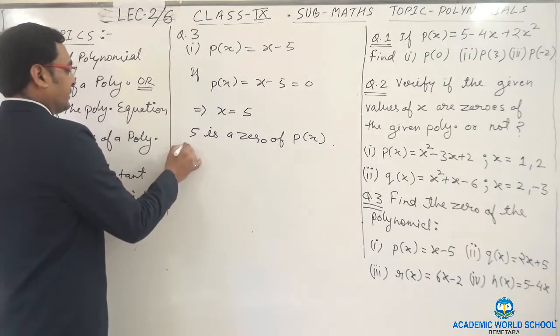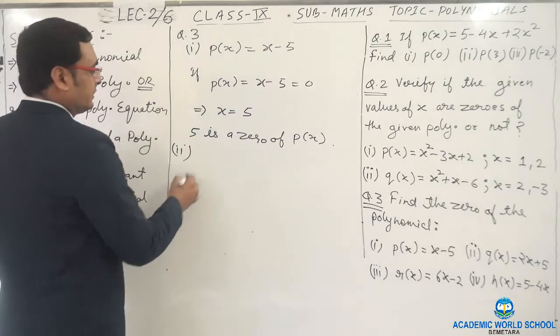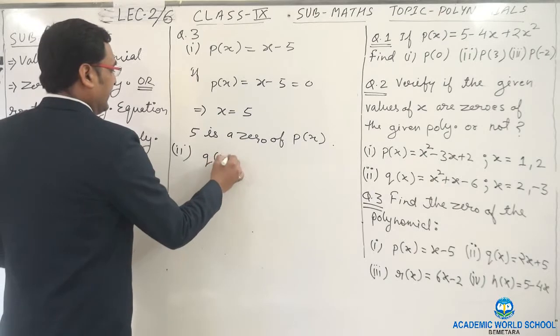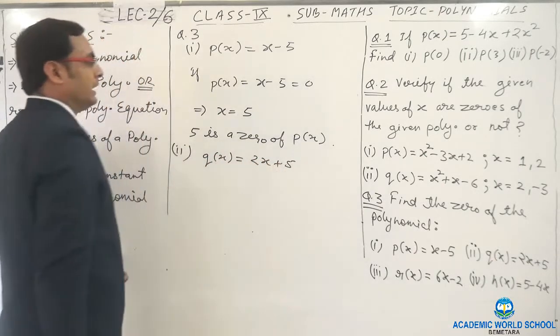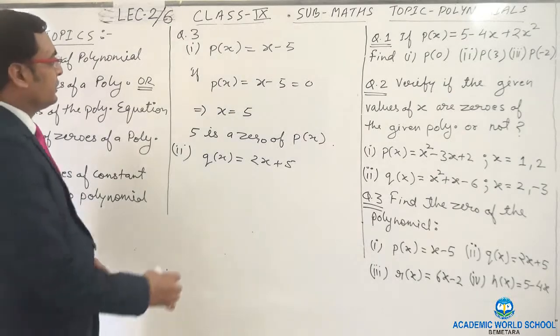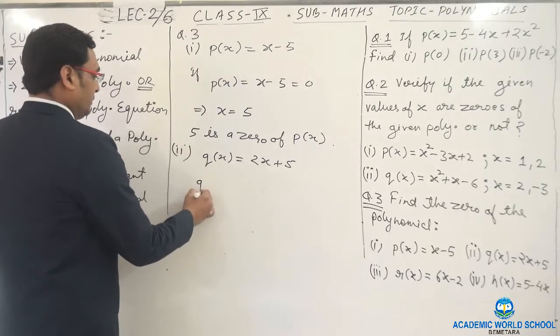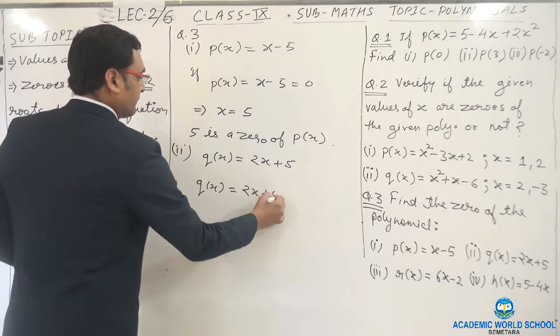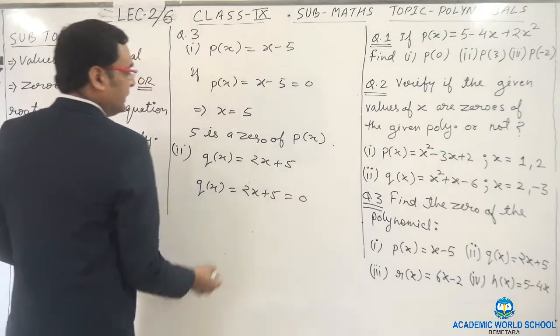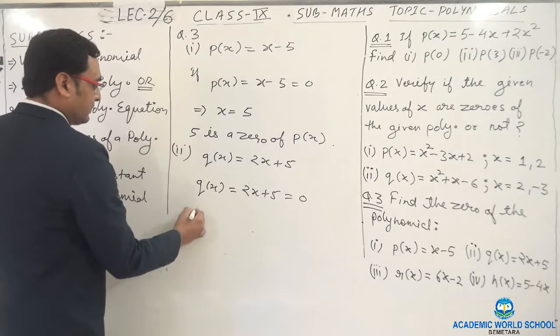Look at the second question. Second is q(x) is equal to 2x plus 5. Again make an equation from this polynomial. So q(x) is equal to 2x plus 5 is equal to 0. This is a linear equation in one variable. Solve it.